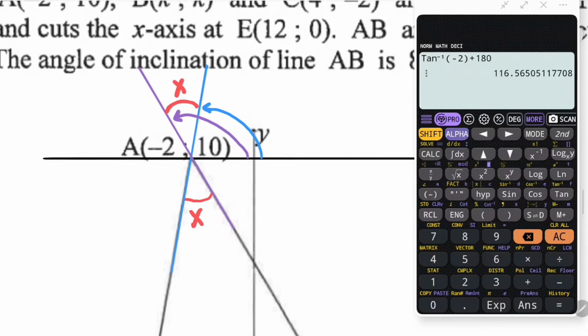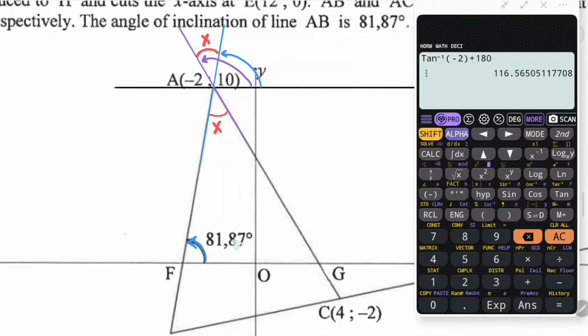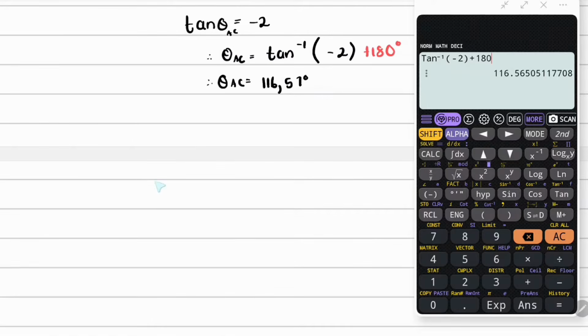Okay, and so finally, to find the angle that we're looking for, angle A, we're going to say the angle of inclination of AC minus the angle of inclination of AB. So the obtuse minus 81.87 degrees. So angle A is equal to the angle of inclination of AC minus the angle of inclination of AB. So we'll say 116.57 degrees minus 81.87 degrees.